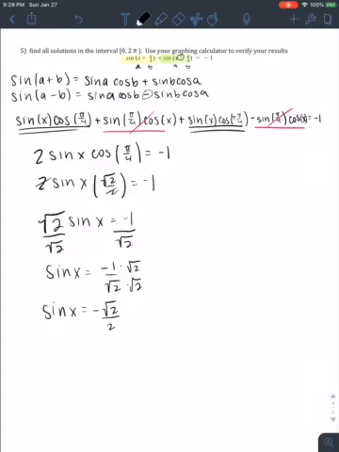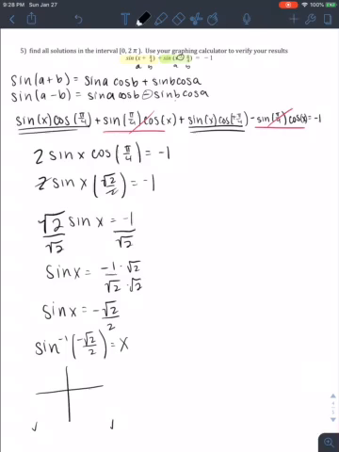Okay, so we're almost there. Now I can see that the sine inverse, remember inverse switches our ratio and our angle. So what angles make this ratio true? So sine is negative in the 4th and the 3rd quadrant.